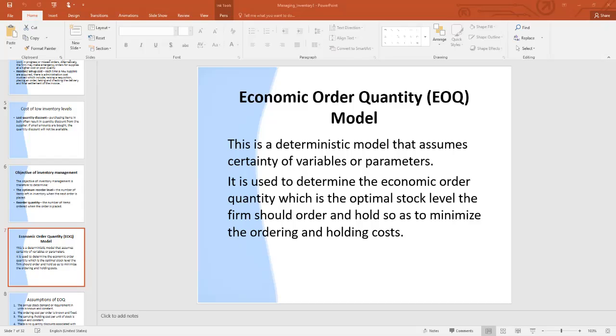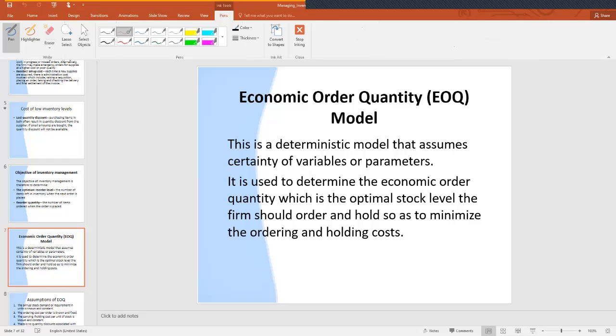So this is a deterministic model that assumes certainty of variables and parameters. The certainty of the variables must hold. If they're not working, then the model may not be applicable.